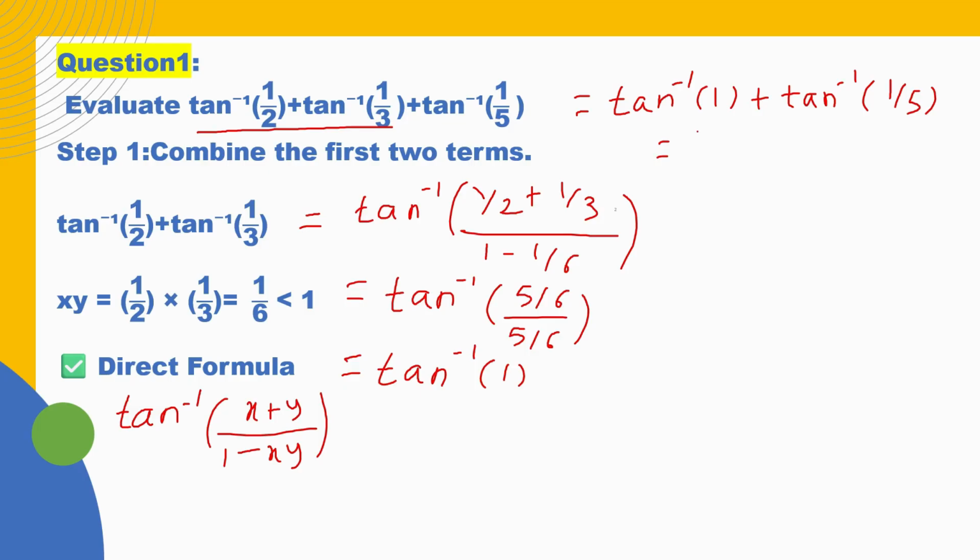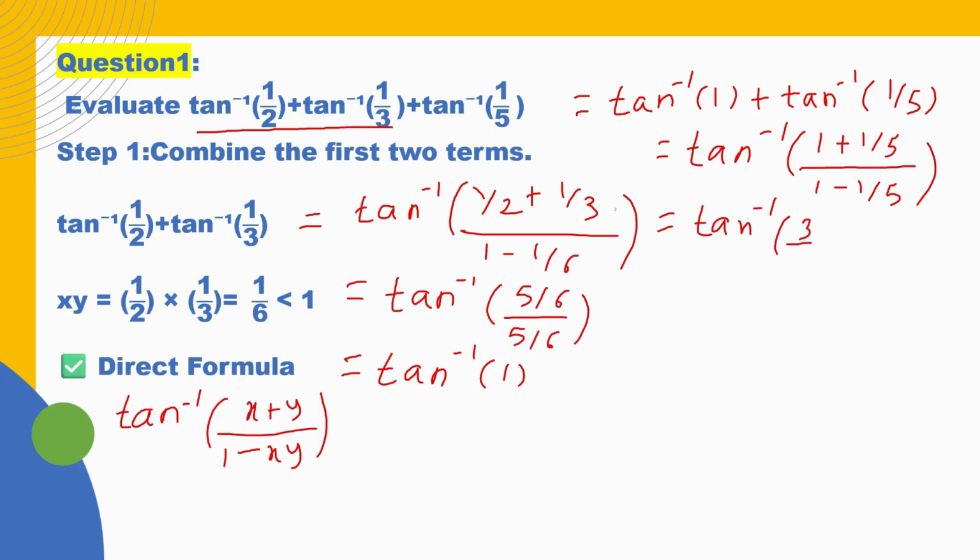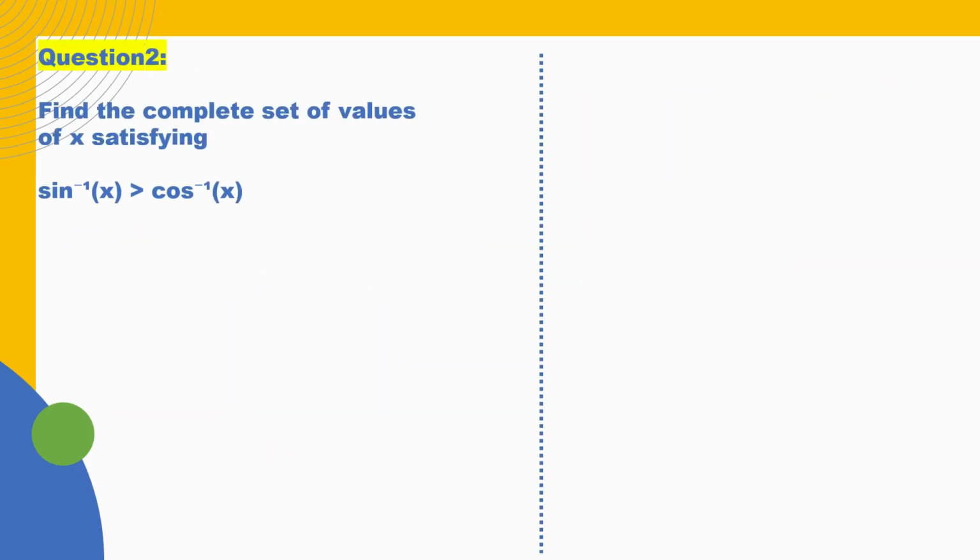So after applying the formula, we have tan inverse of 1 plus 1/5 upon 1 minus 1/5, right? So our final answer is tan inverse of 3/2. Okay, isn't it simple after using that formula? Let's move to question number 2.